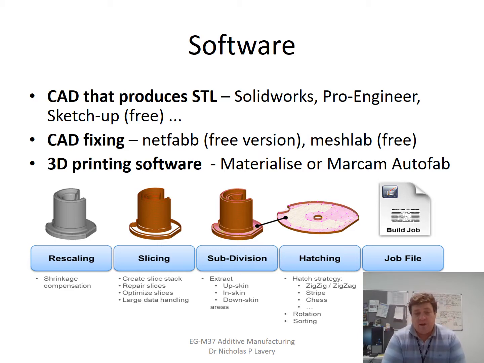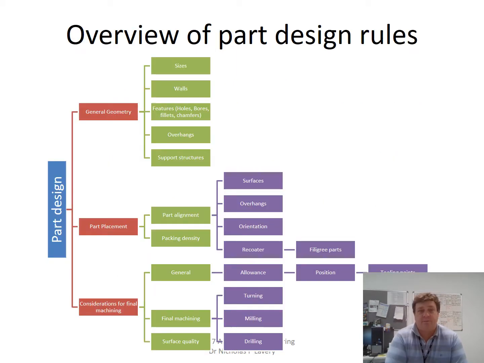Then you can create slices and decide how the slicing is going to work. You can put your support structures in here. It'll subdivide down, and you choose your hatch pattern. So here you can see the laser tracks themselves and how you're going to actually do the hatching on each layer, and then it creates the job file, the build file, and that's what is exported to the machine to build.